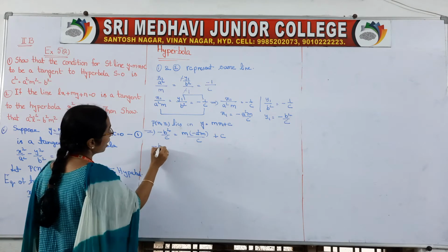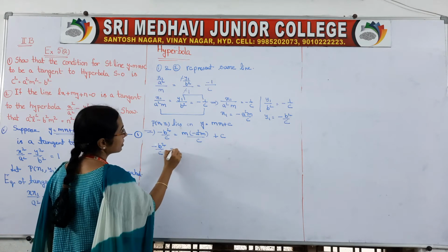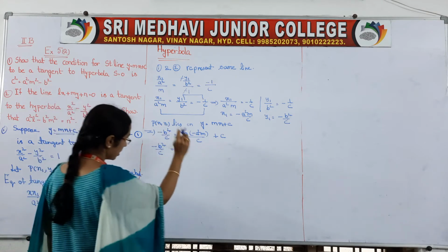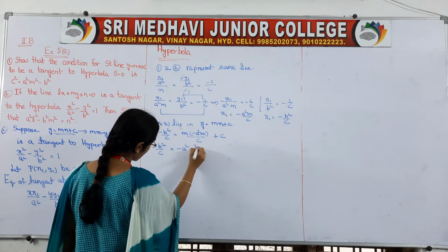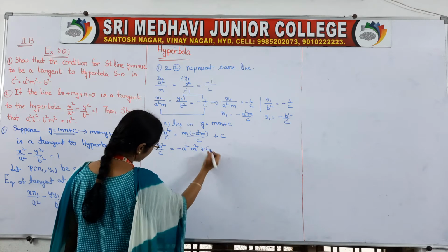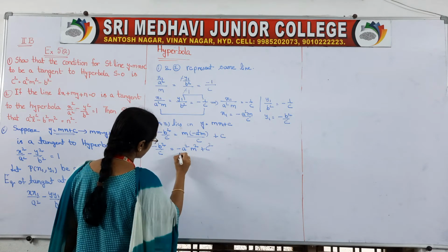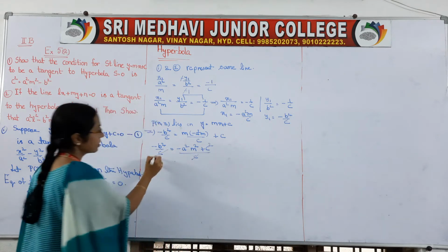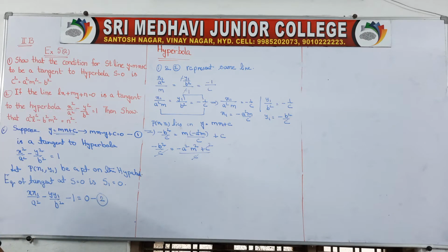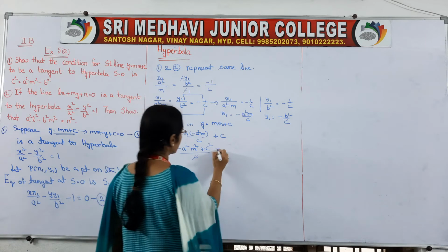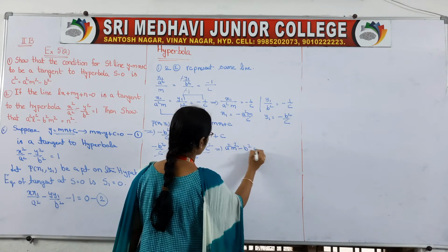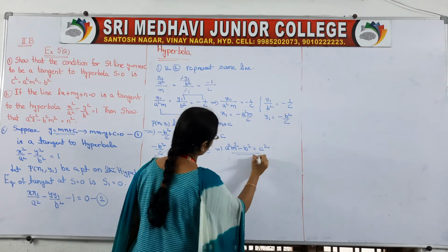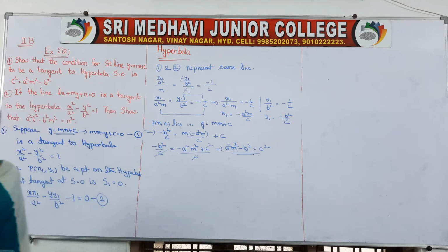So -b²/c = -a²m²/c + c, taking the LCM as c: (c²)/c, and the c cancels. Send -a²m² to this side. What happens? a²m² - b² = c², which is the required condition.